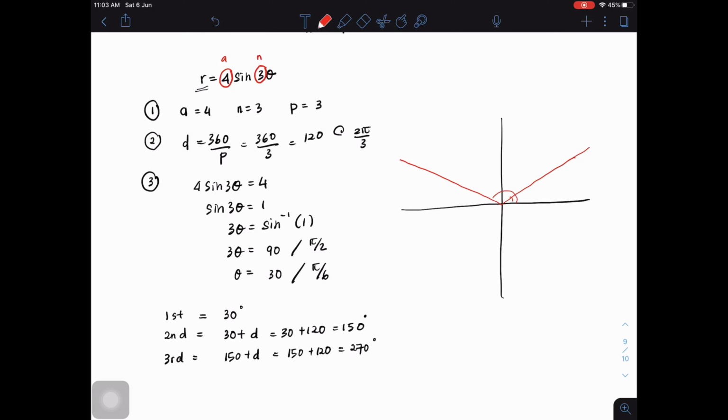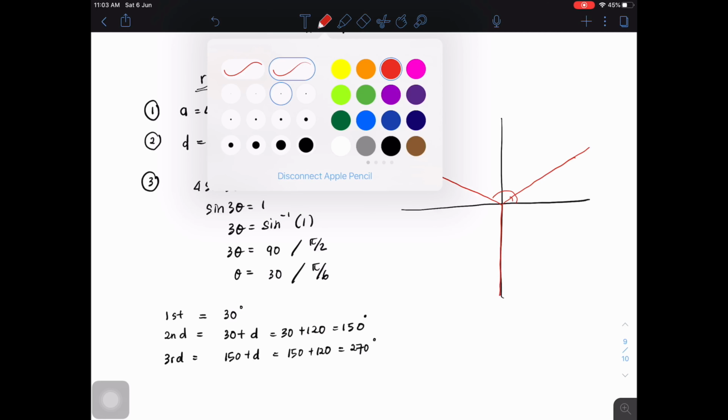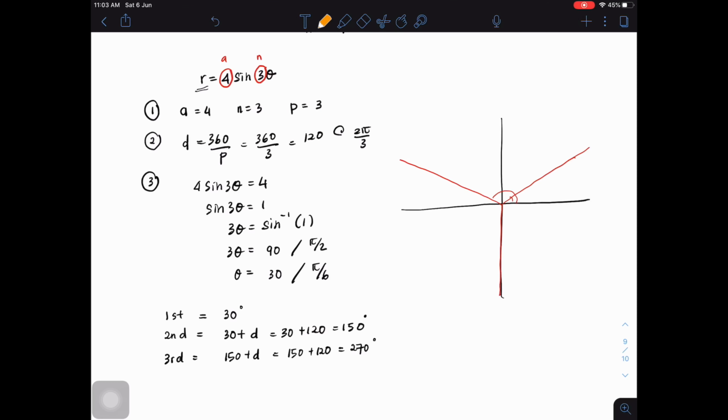And the third petal at theta equal to 270. So you know that 270 degrees is here. So now you can already draw your petals, where the first petal of the rose is here, the second one here, and the third one of the petals is here.